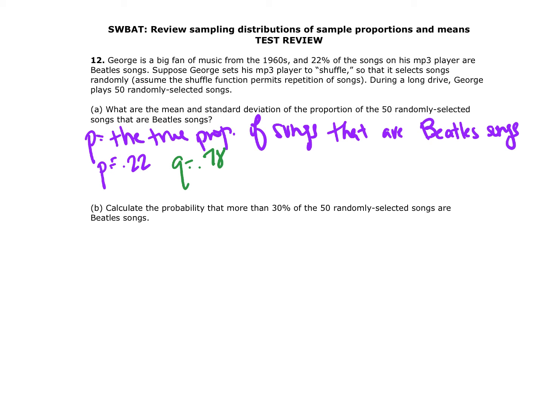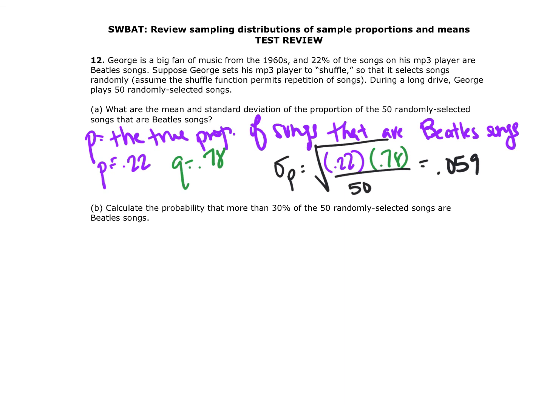If I want to find the standard deviation of p hat, or sigma p hat, it is the square root of 0.22 times 0.78 divided by my sample size, which in this case is 50. And I get a standard error equal to 0.059.